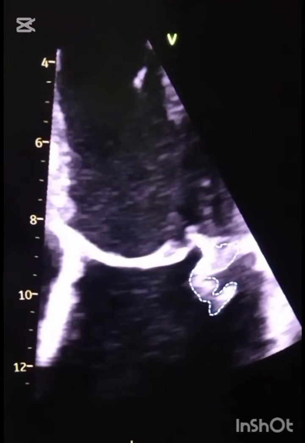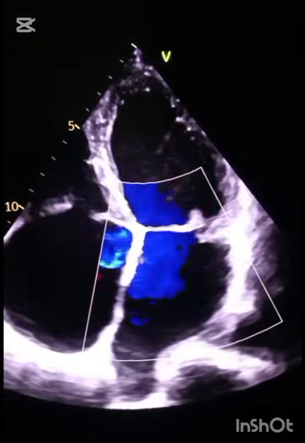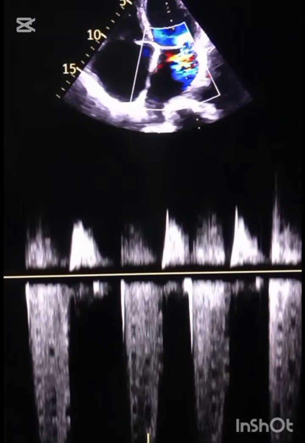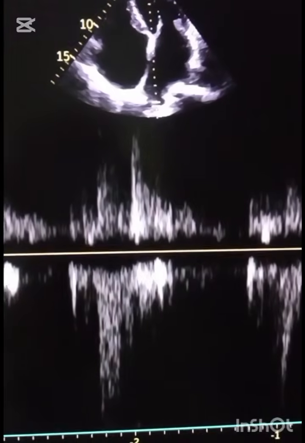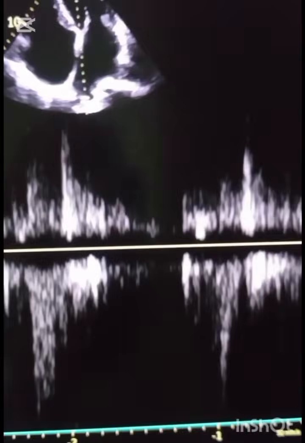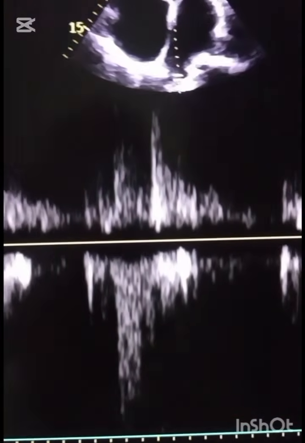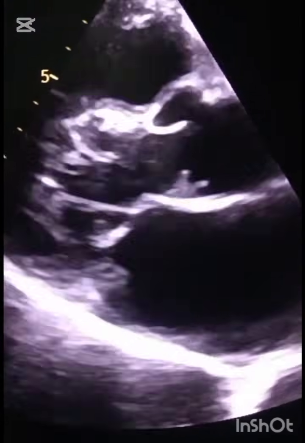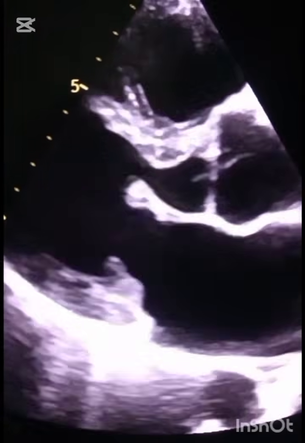Semi-quantitative methods are jet area, continuous wave Doppler signal density, and mitral E wave velocity. Quantitative methods: vena contracta, regurgitant volume, and regurgitant fraction. 2D assessment of MR: assess the functional anatomy, the LV size and function, the LA volume, and the right heart chambers.